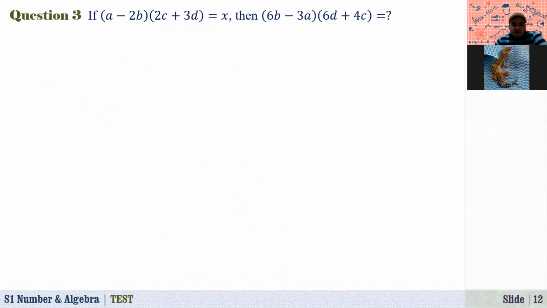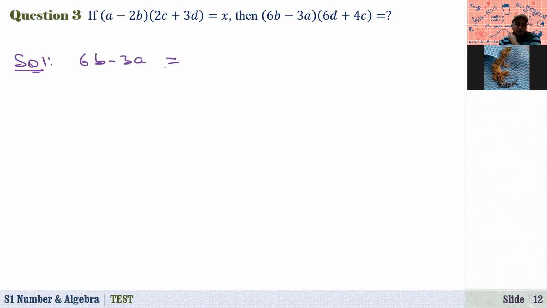Another example, if (a minus 2b) times (2c plus 3d) equals x, what is the value of (6b minus 3a) times (6d plus 4c)? Okay, since it's given, first I try to simplify, write the expression in the simplest form. So here we have 6b minus 3a, right?